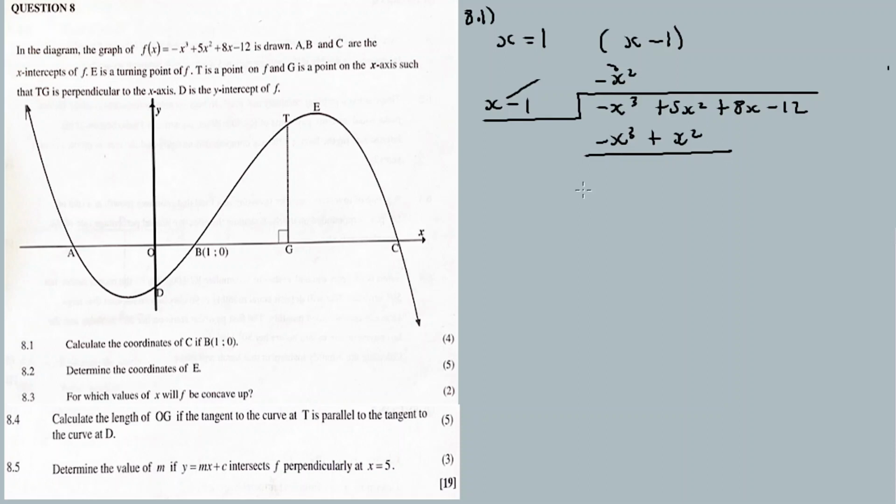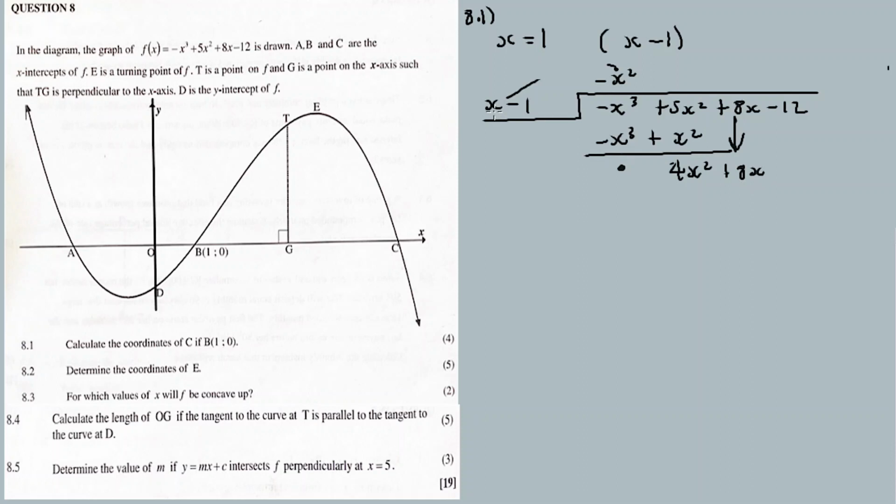Then you subtract again. This subtract this gives 0. This subtract this gives 4x squared. Then I bring down the 8, so plus 8x.